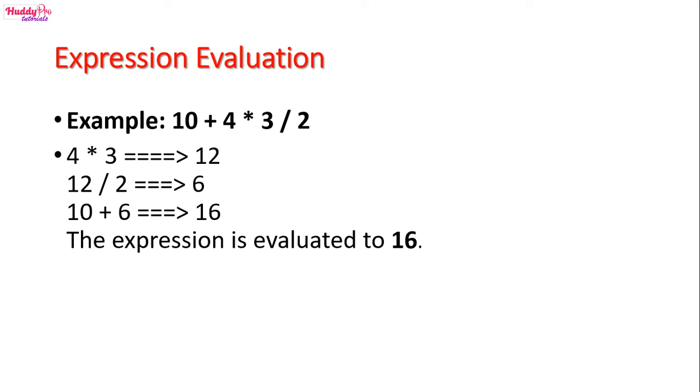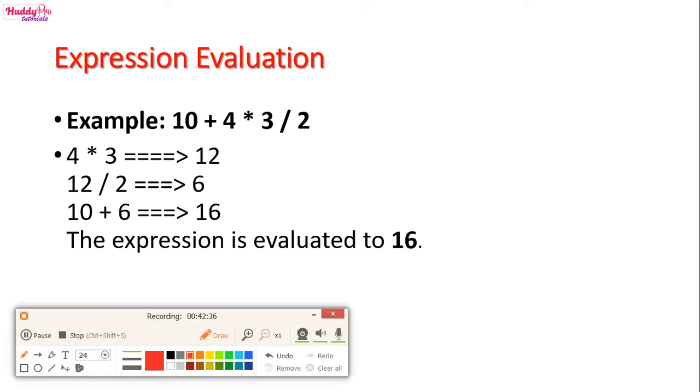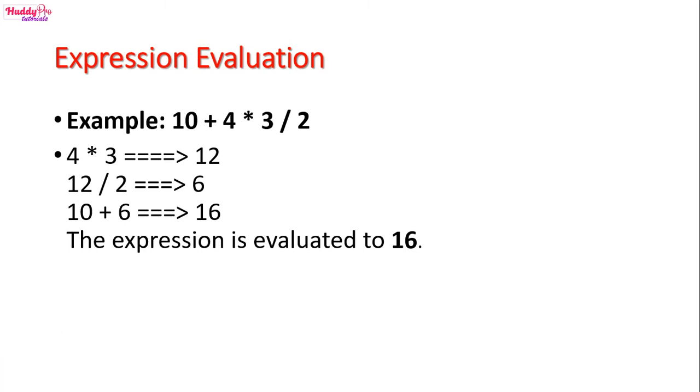So in this example, you're seeing that we have 3 operators. We have the plus, so that's our first operator. We have the asterisk or the multiplication operator, and then the division operator.